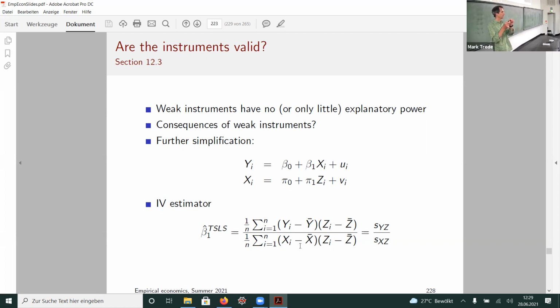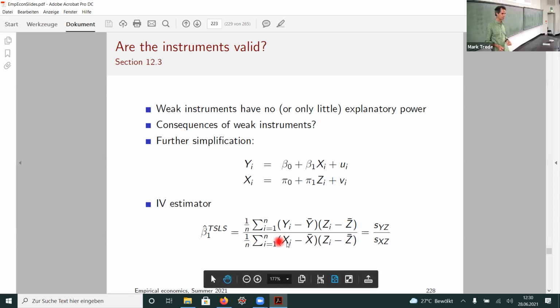So even if the theoretical covariance is exactly 0, the estimated covariance will be just close to 0. But that's bad enough. If this is very close to 0, then what you get here is something really very, very noisy. Because if the denominator here is very close to 0, the whole thing just explodes. Yeah?